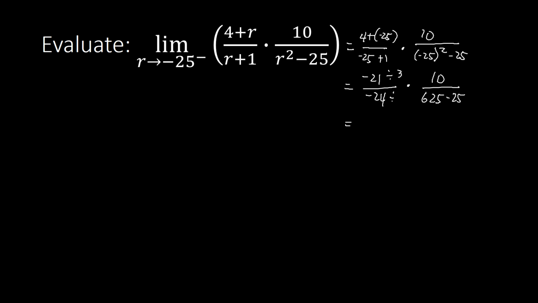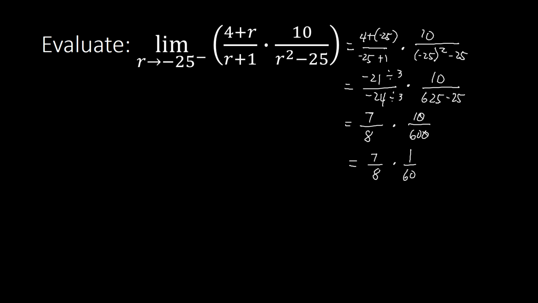And so our result here is a 7. 7 over 24 divided by 3, that will be an 8. And then we have times 10 over 600. So 10 over 600, we have to cancel out the 0 in there because zeros are common. That's how you divide multiples of 10. So this is going to be 7 over 8 times 1 over 60.